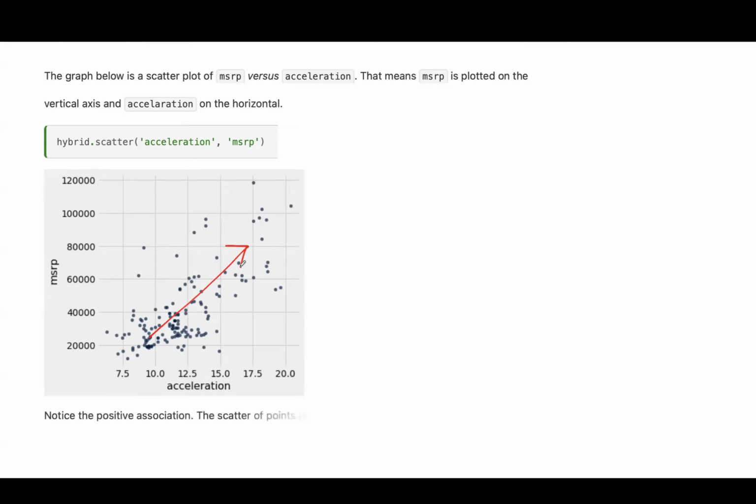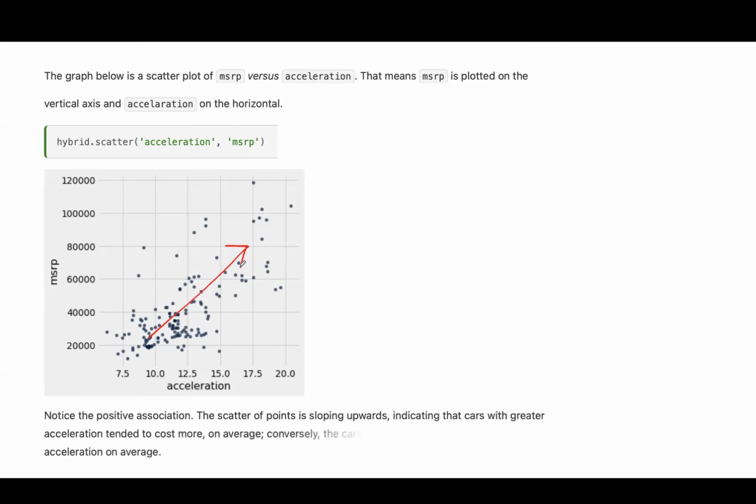Notice the positive association. The scatter of points is sloping upward, indicating that cars with greater acceleration tended to cost more on average. Conversely, the cars that cost more tended to have greater acceleration on average.